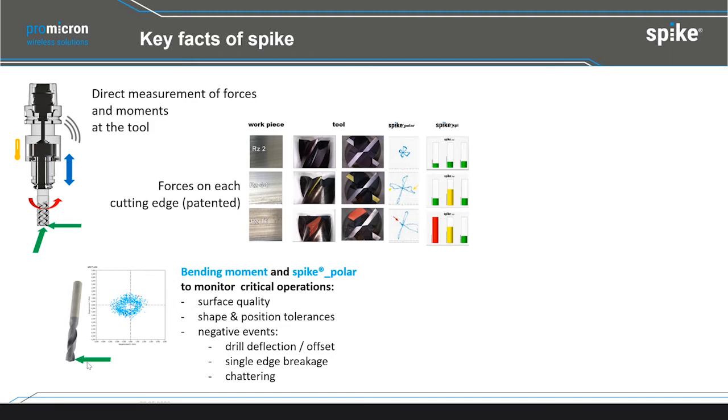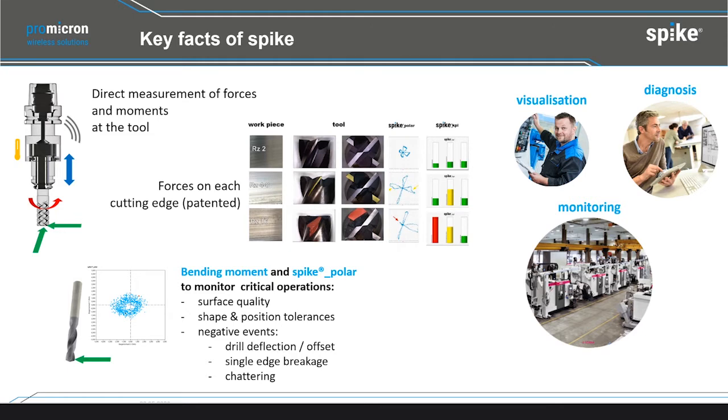Because of this, we can not only monitor the surface quality, we can also measure the shape and position tolerances in drilling, or negative events like drill deflection, offset, or even single cutting edge breakage or chattering. We monitor quality related issues in production.